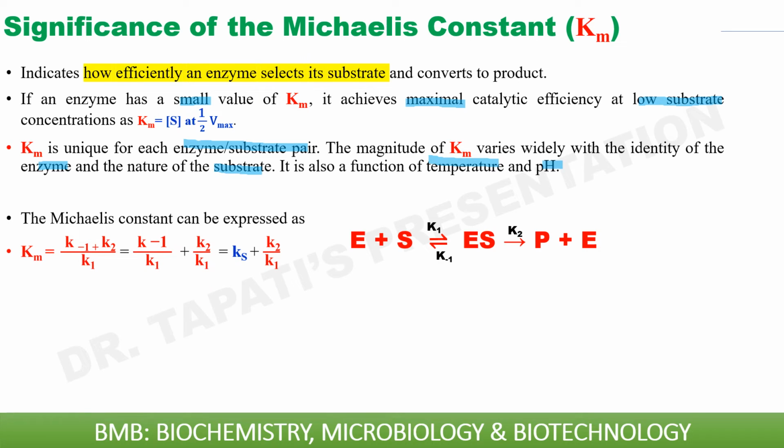The Michaelis-Menten constant can be expressed as Km equal to (K minus 1 plus K2) by K1. Already I have mentioned that.